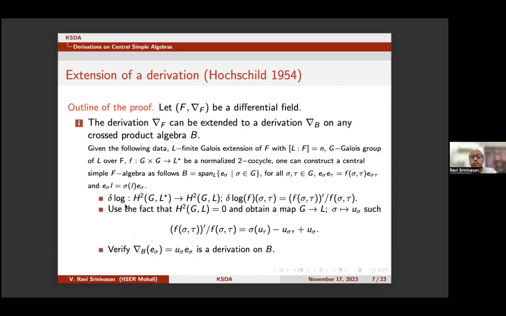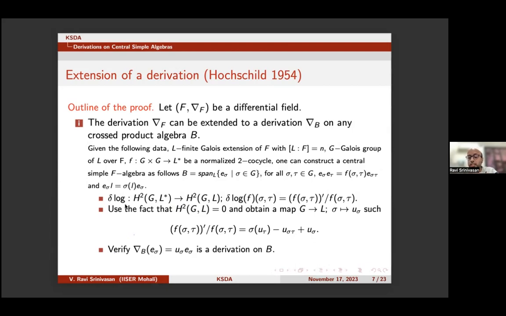This normalized 2-cocycle is going to give you the multiplication on the span of symbols E sigma, for sigma in G. Since the Galois extension is of degree n, I will attach n symbols. The multiplication is given by E sigma times E tau is F sigma,tau times E sigma tau.